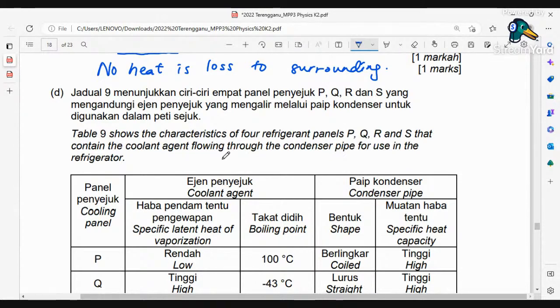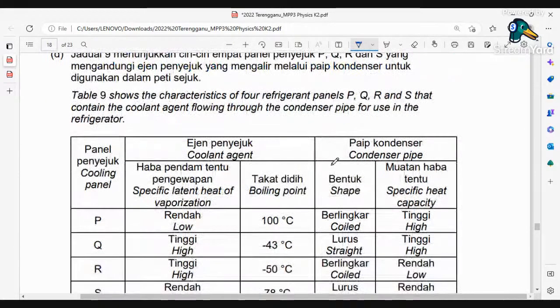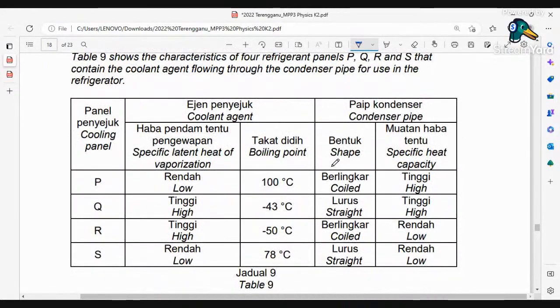Table 9 shows characteristics of 4 refrigerant panels P, Q, R, S that contain coolant agent flowing through the condenser pipe for use in the refrigerator. The P, Q, R, S have specific latent heat of vaporization, boiling point, shape, and specific heat capacity. This one is for cooling agent, this one for condenser pipe.